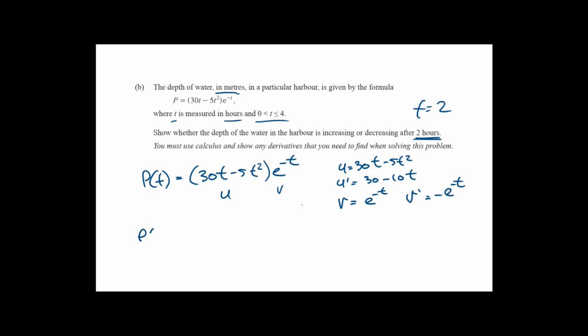So therefore, p prime of t is going to be u times v prime, so (30t minus 5t squared) times negative e to the negative t, plus, for us here, v, e to the minus t, times u prime, 30 minus 10t.